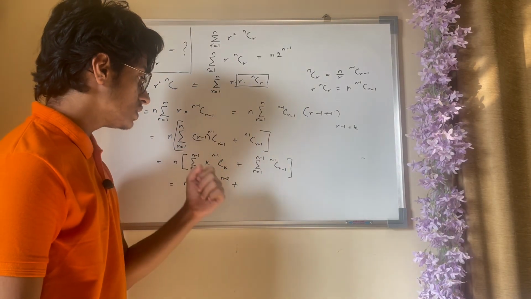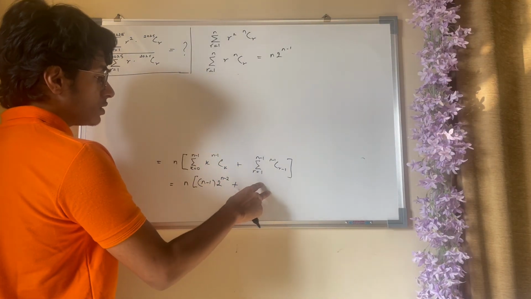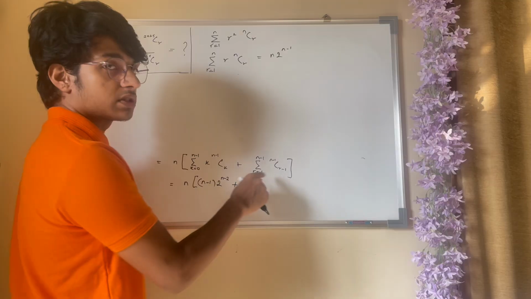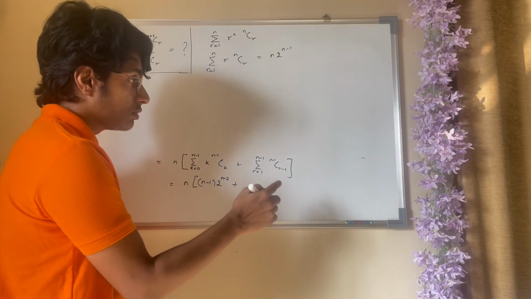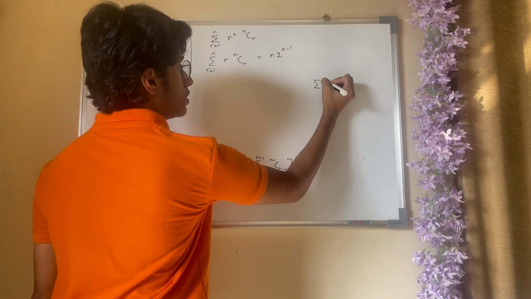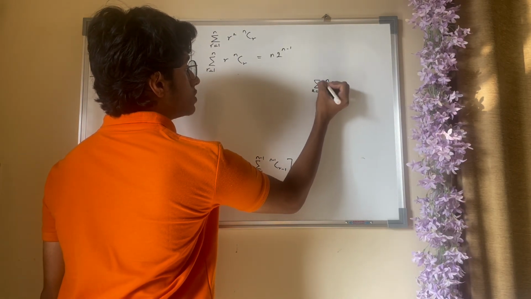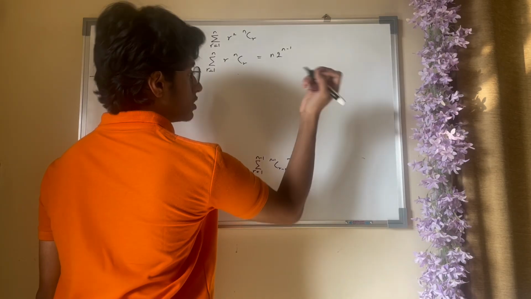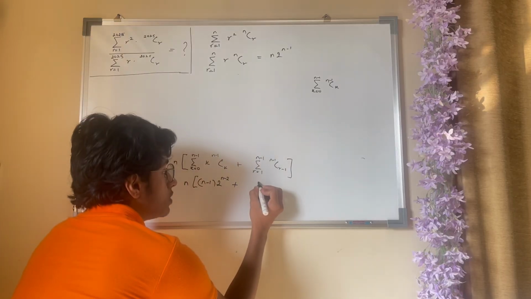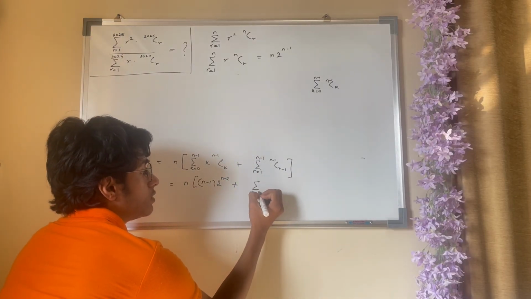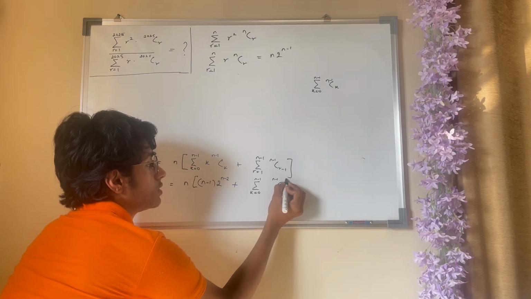For the second series, we substitute r minus 1 as k here too, to get the summation of (n minus 1)Ck from k equal to 0 to n minus 1.